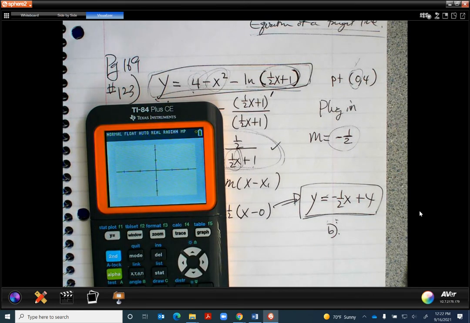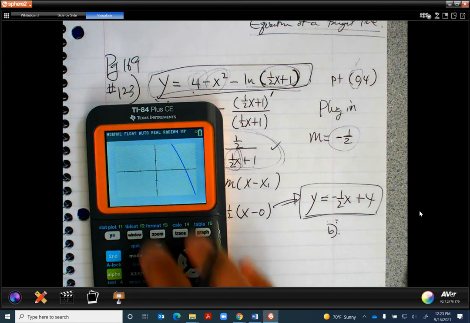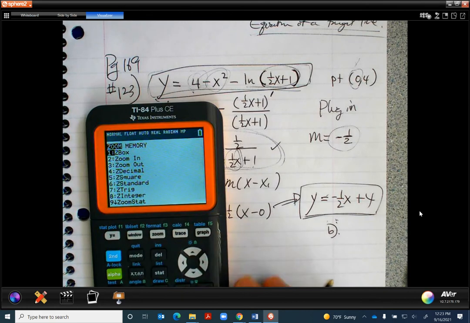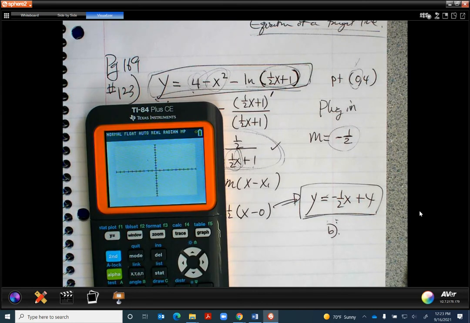Oh, my window is no good. What happened? What did I do before? I zoomed in, so what do I need to do? Zoom out, zoom standard. All right, let's go to zoom standard. That's neat.